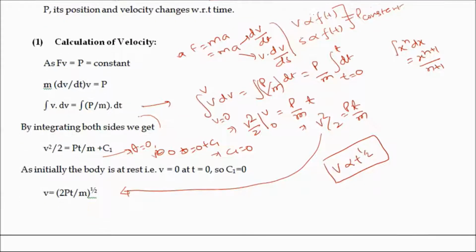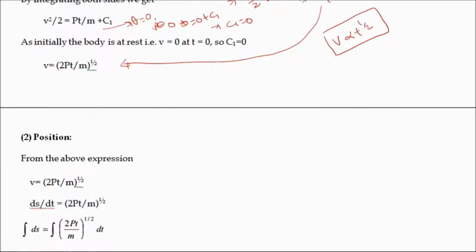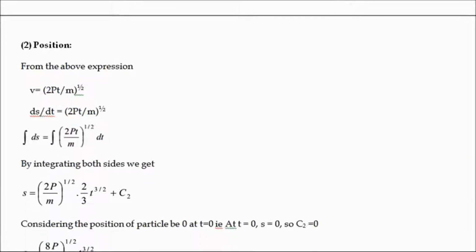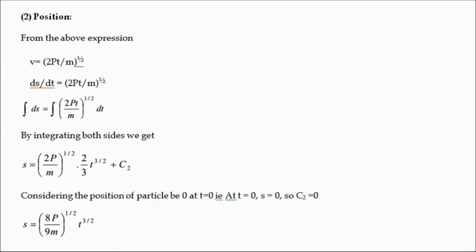Similarly, we will calculate how the position of the particle varies with respect to time. As we have already found, the velocity is equal to the square root of 2Pt by m.